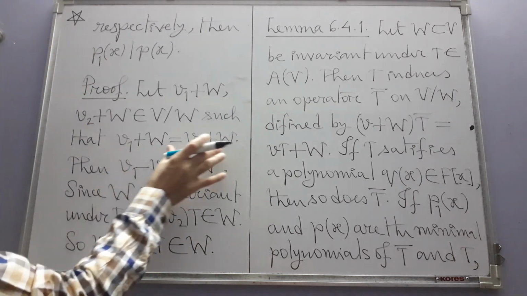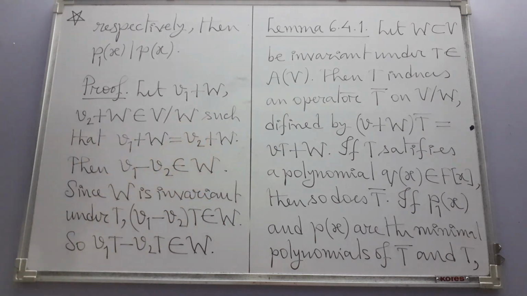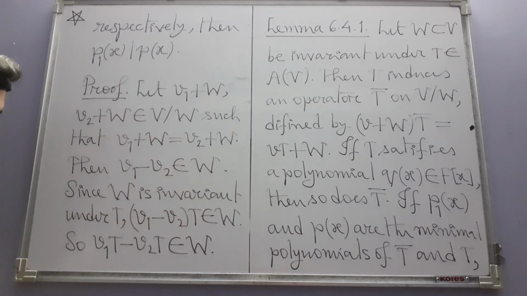Just like equality of these two cosets implies this, the reverse implication is also true. If you have this, then you have this as well. And that's what we need now.